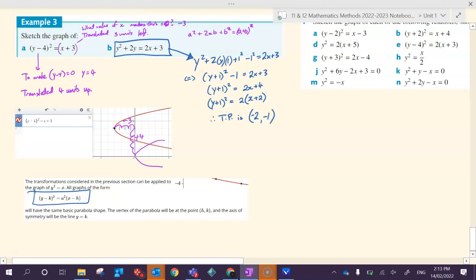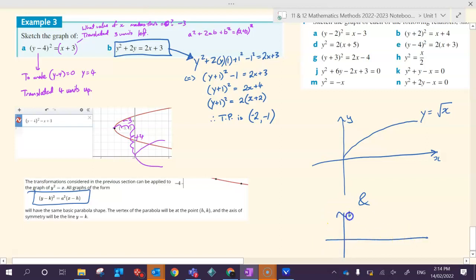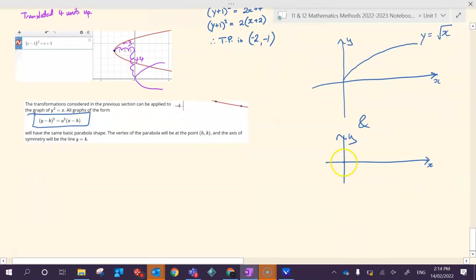But we could think about it as two separate functions: y equals root x and y equals negative root x.